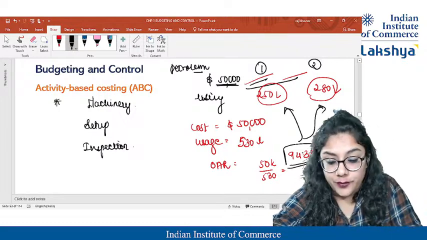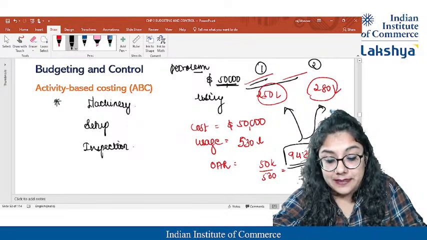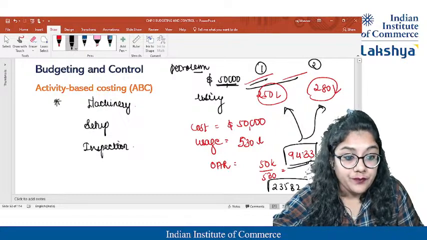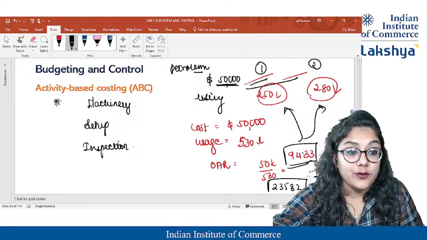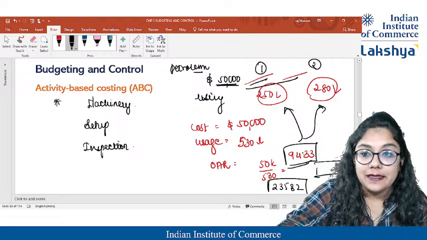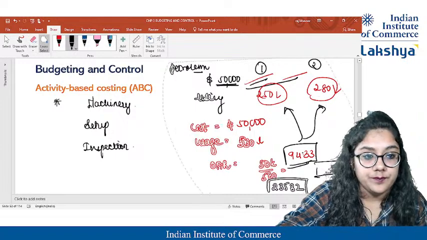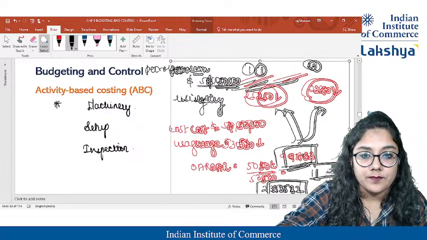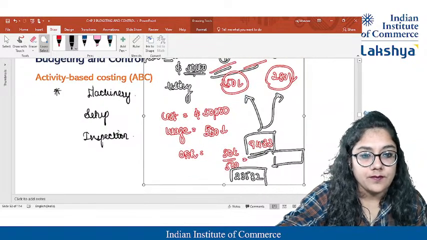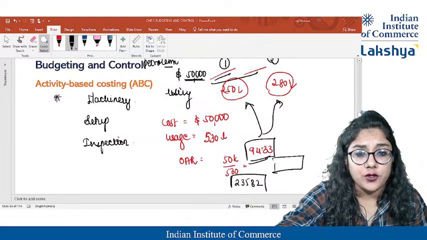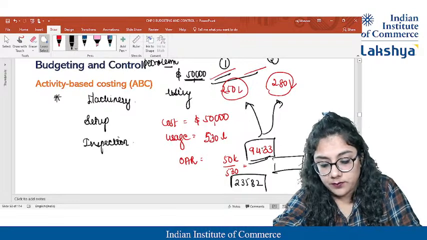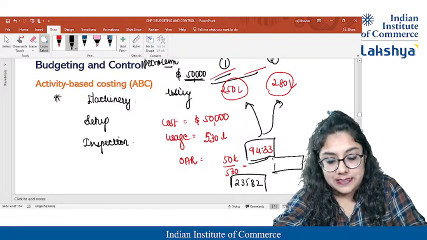That is 94.33 into 250 liters comes to 23,582 for unit 1, and for unit 2 it needs to be 94.33 into 280.